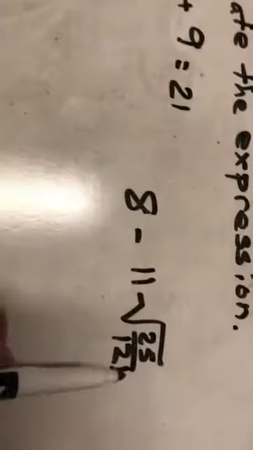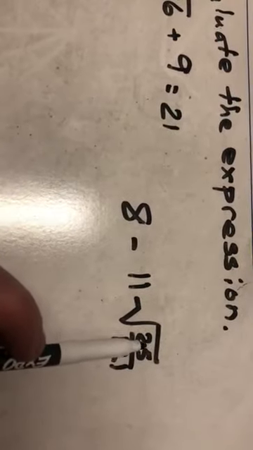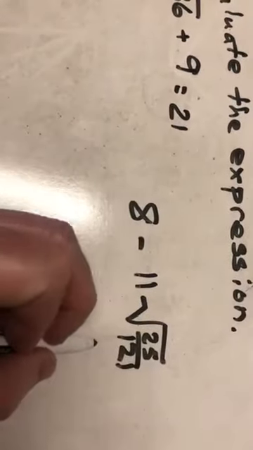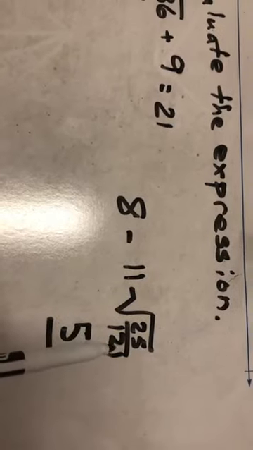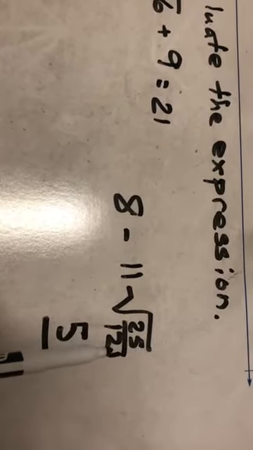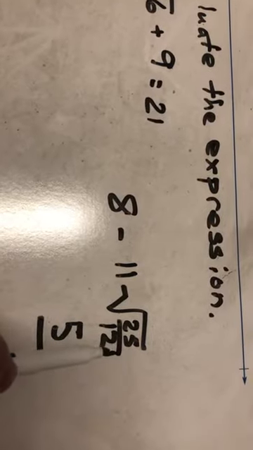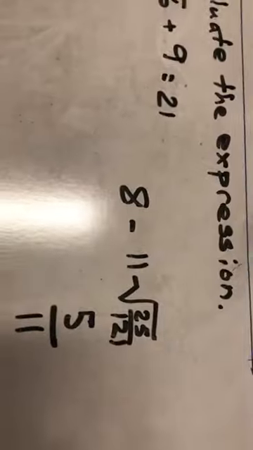So I need to look at 25 and 121 individually. I know that if I plug into my calculator the square root of 25, I'm going to get 5, because 5 times 5 is 25. If I plug into my calculator the square root of 121, I'm going to get 11, because 11 times 11 is 121. So this is going to be 5 over 11.